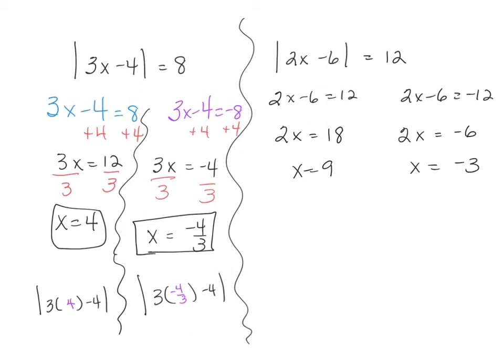Plug it in. 2 times 9 is 18. Minus 6 is 12. Absolute value is 12, so we're good here. And then if we do the negative 3, 2 times negative 3 is negative 6. Minus 6 is negative 12. Absolute value of negative 12 is 12, so negative 3 is also my answer.